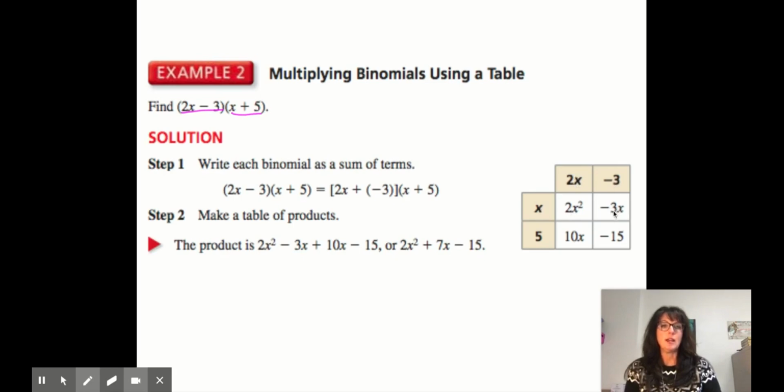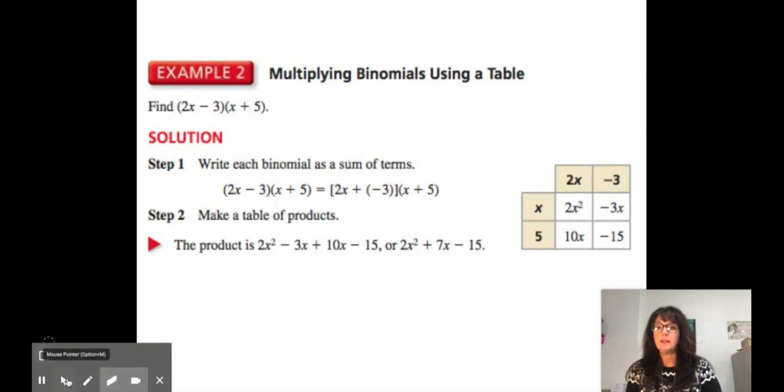So you summarize the row and the column. So 5 times 2x is 10x, and 5 times negative 3 is negative 15. Now we're going to combine like terms, which really are going to be these two terms right here, and then write the product right here. Because it's like 10x minus 3x to get the 7x.